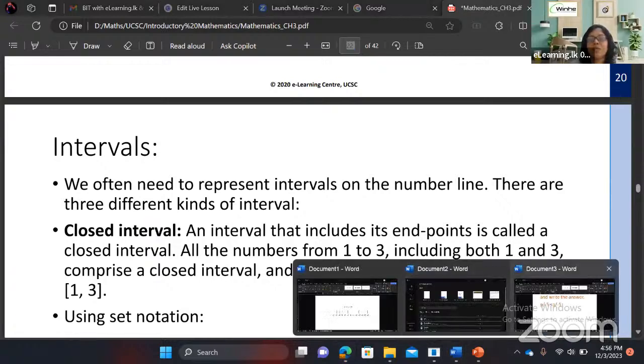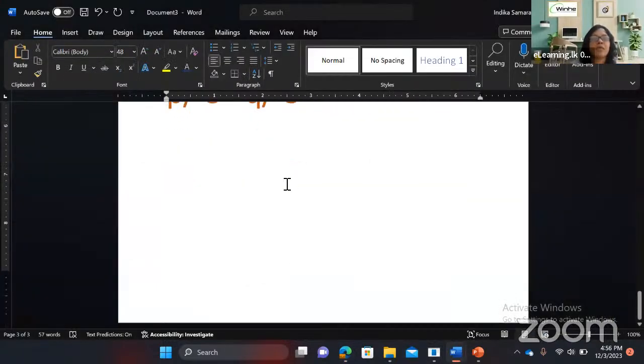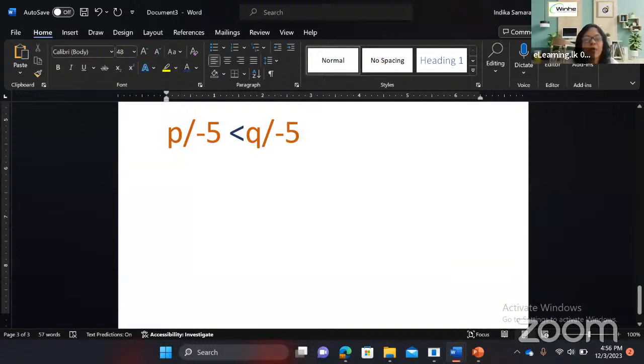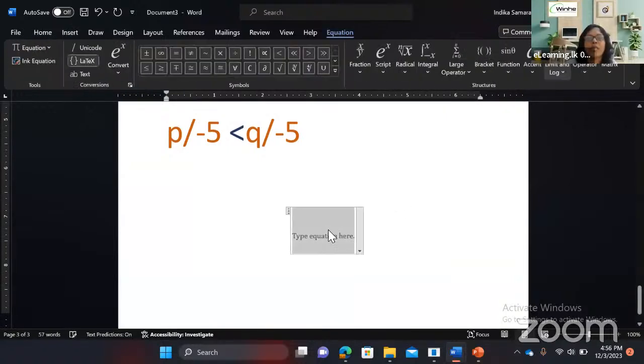Right, before we go into that point, here we have learned about inequalities. If there is something like this, how do we read it?